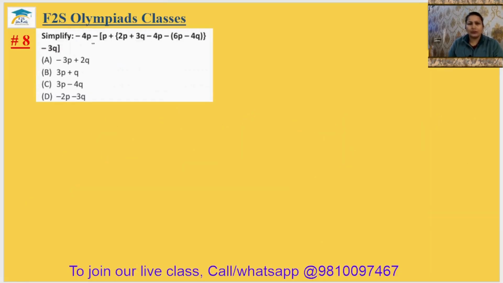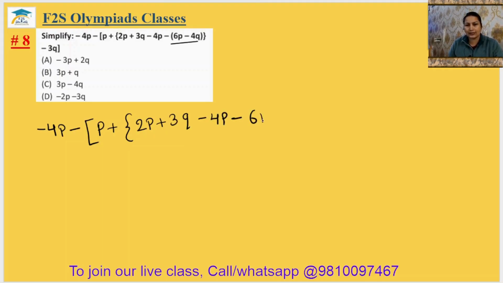Question number 8. Simplify this. So first we will solve the innermost bracket, that is the smallest bracket. Copy the other things here: minus 4p minus p plus middle bracket 2p plus 3q minus 4p minus 6p plus 4q, middle bracket, minus 3q, big bracket.